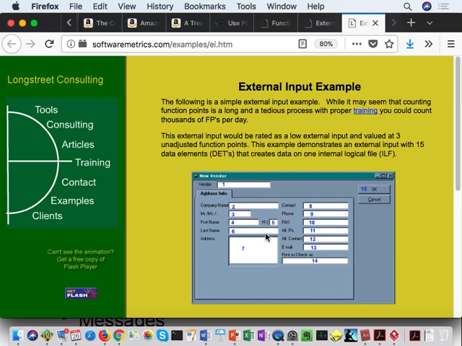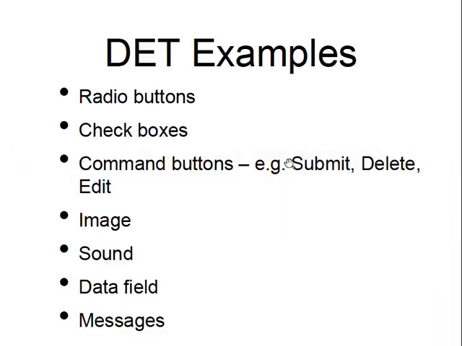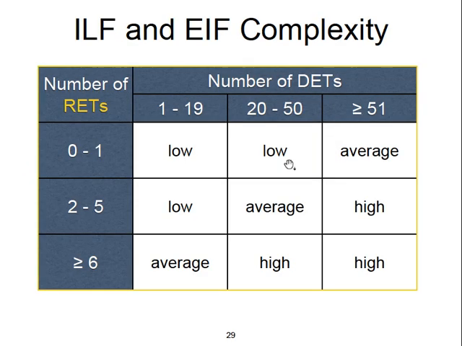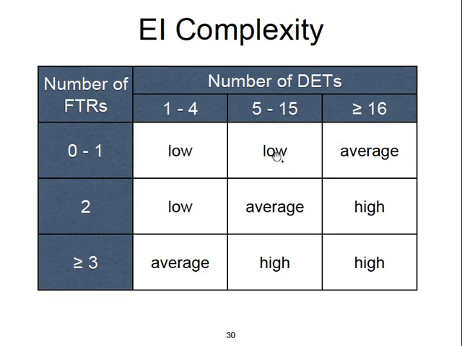So now with 15 fields in one group, let's look up our table. We find the right table, the EI table. The column for 15 is here, and we only have one grouping.